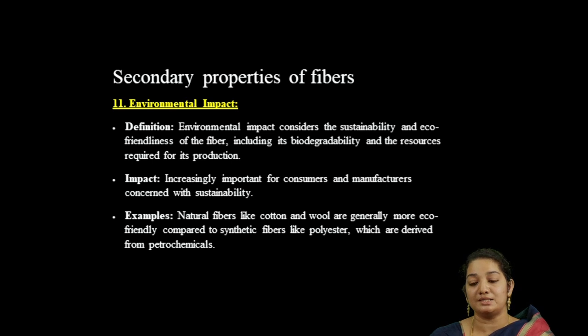They should be concerned with sustainability and eco-friendliness, and the material should be biodegradable. Cotton and wool are generally biodegradable, as we know, while synthetic fiber like polyester is derived from petrochemicals.